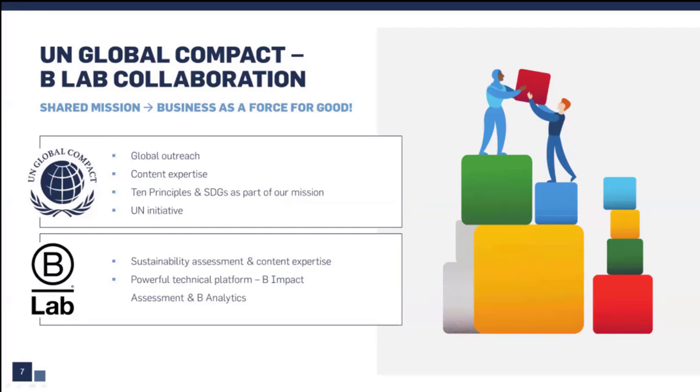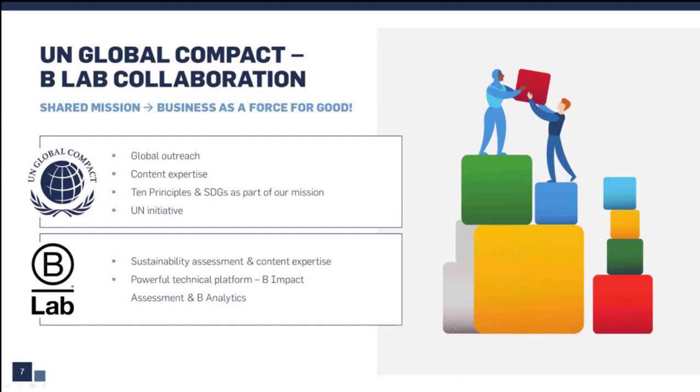So from the side of the UN Global Compact, we have a global outreach with more than 10,000 companies around the world. We have content expertise. We have the 10 principles of the Global Compact and the SDGs as part of our mission. And this comes from the fact that we belong to the UN ecosystem because we are a UN initiative.